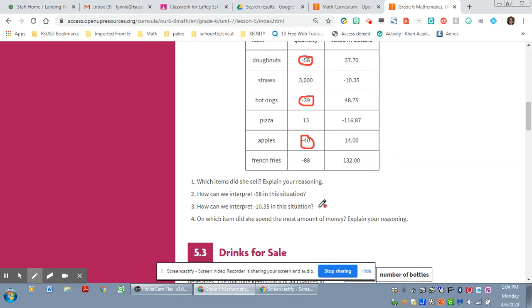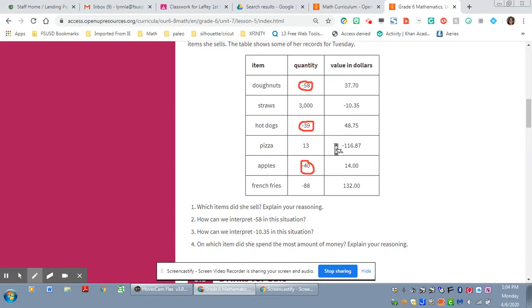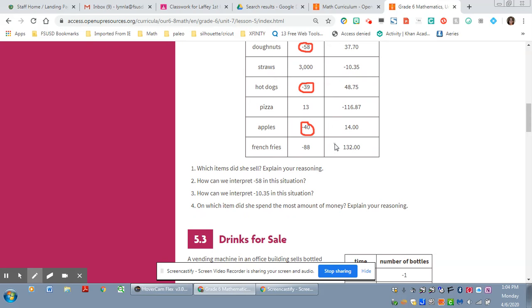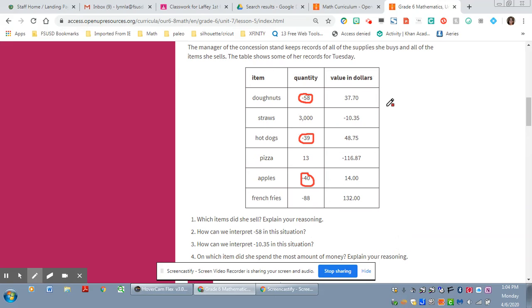How can we interpret negative 58? All right, so negative 58 is the amount sold. How can we interpret negative 10.35? That is value in dollars. So she spent $10.35, so it's money, on 3,000 straws.